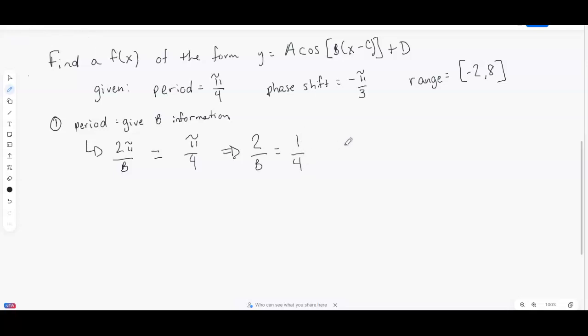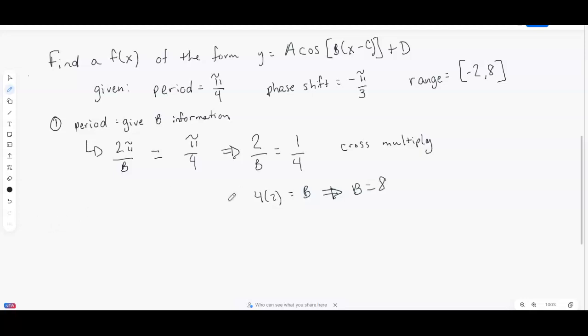Okay. And so then I'm going to cross multiply. So cross multiply would be 4 times 2 equals B, and so that means that B equals 8, okay?